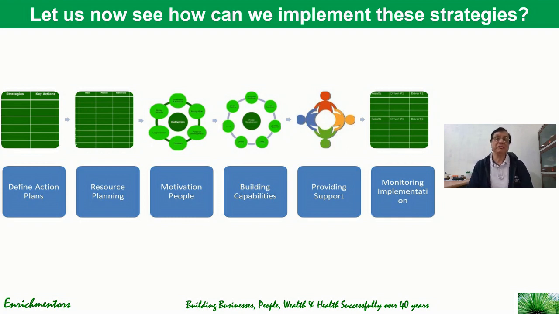Okay. So this is the process that you see on your screen now. You need to begin by defining the actions. Strategies are still very directional and very broad, while we've tried to be as specific as possible. So we need to convert them to specific actions that we will take, someone else will take, or you will take during the year. Then once we have defined those actions, we need to plan the resources, because if there are not adequate resources, will those actions get implemented?